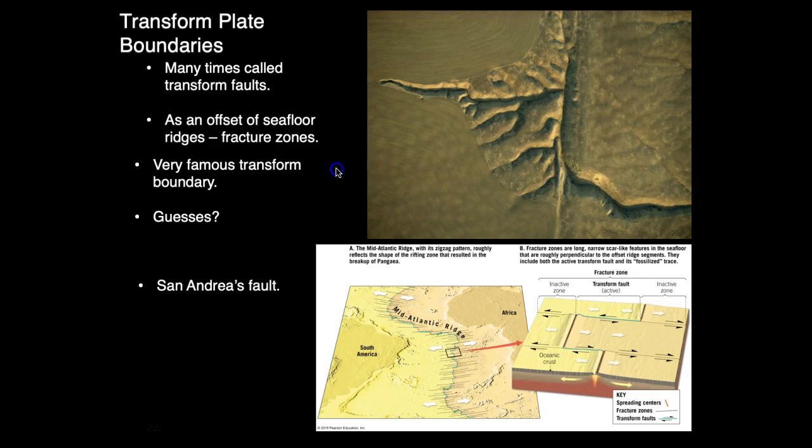So if this is where the fault lies, which is pretty much how it goes, this is the motion of the two different plates. The one on the left, which is the Pacific plate, is moving northwest, and the one on the right, which is the North American plate, is moving to the southeast in reality.